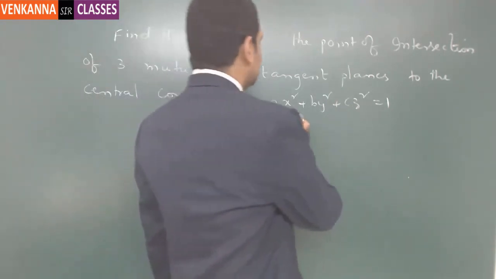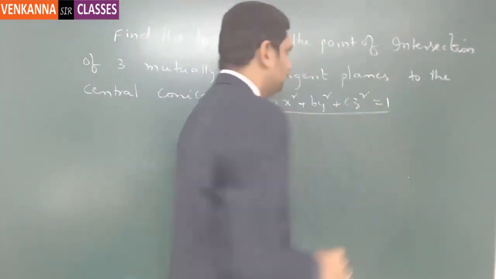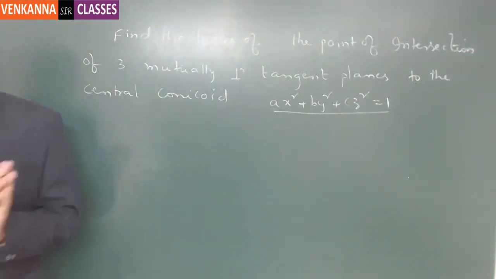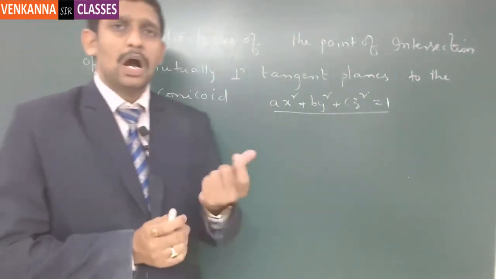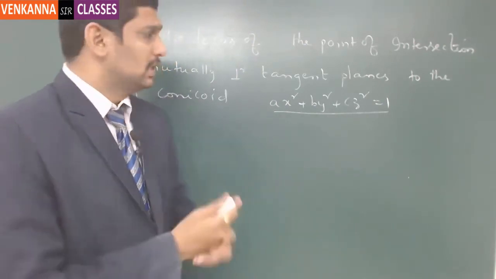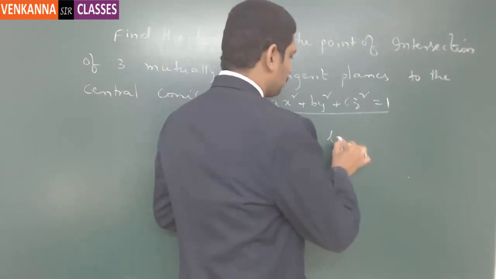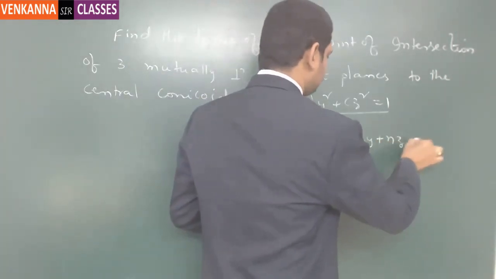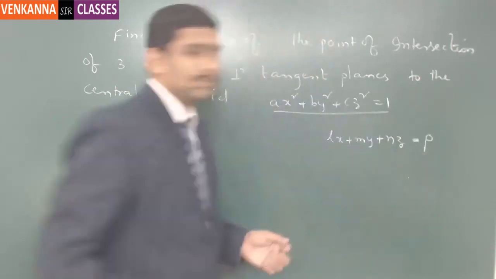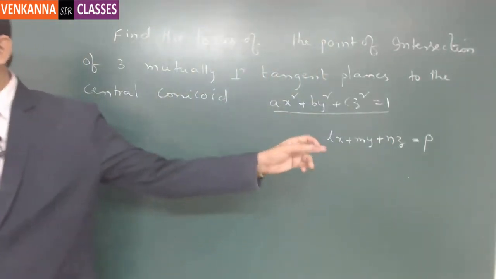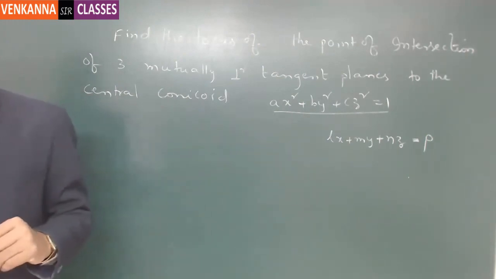So this is our given conicoid. In the previous class, we learned how to consider the tangent plane equation. Generally, we write it as Lx plus My plus Nz equal to P, where P stands for the distance.